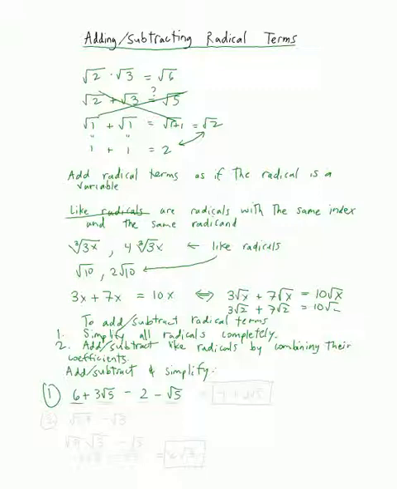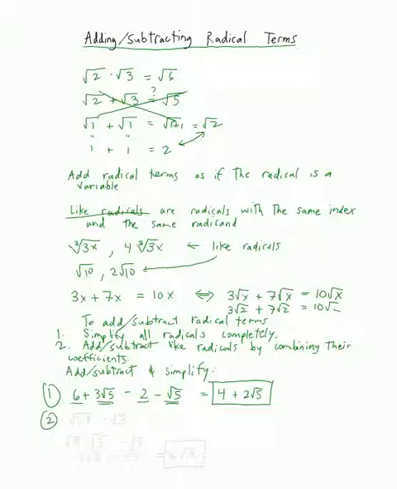So first of all, 6 and 2 go together. 6 minus 2 gives us 4. And then we have positive 3 root 5, negative root 5. That gives us positive 2 root 5. And that's it. We cannot combine any further because these are not like radicals. They're not like terms, right?